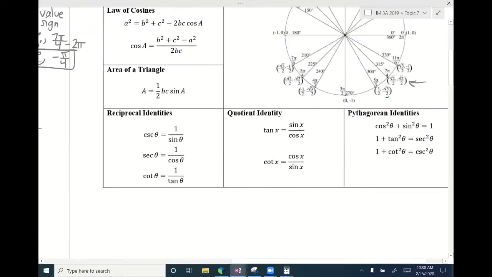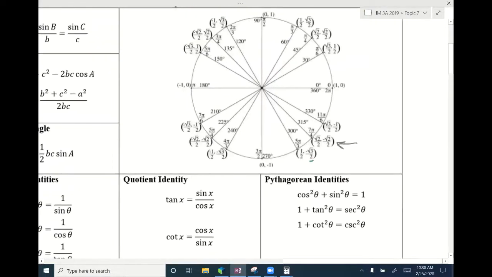If I'm looking at just the y's, the first place where y is 1/2 is pi over 6. So pi over 6 is my first answer. The next place that y is positive 1/2 is 5 pi over 6. That is my only other answer, because the next y values of 1/2 are negative. So it's only pi over 6 and 5 pi over 6.